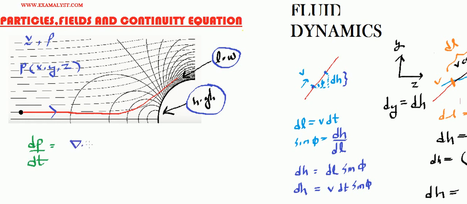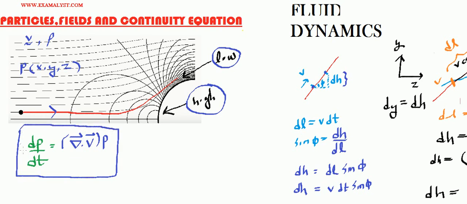Del dot v, and operate it on P. So this is the rate of change of pressure with respect to time that the liquid ball is experiencing as it is moving through this liquid. Here this part is, say, an obstacle, and because of this obstacle in front of the fluid path, there are regions of high pressure and low pressure.